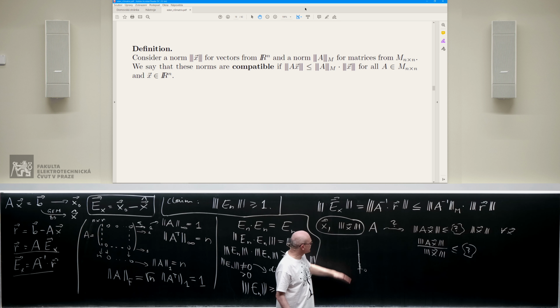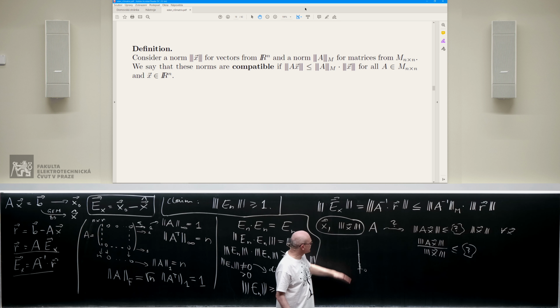Now, I can apply, again, norm here, split it, and so on, and I get the following inequality. The norm of the right-hand side is less than or equal to the induced norm of the matrix A times the vector norm of the actual solution. And from this, I can actually derive an estimate for the norm of the solution.